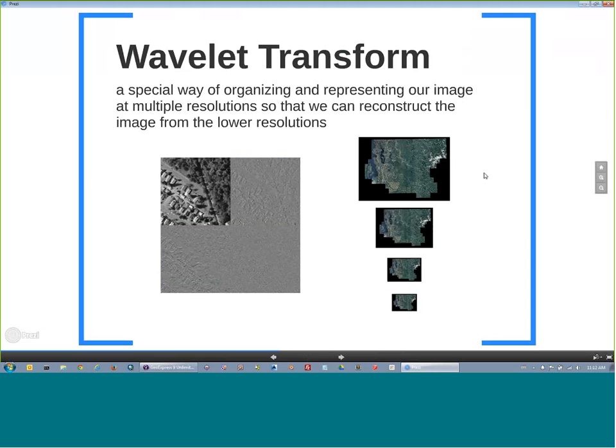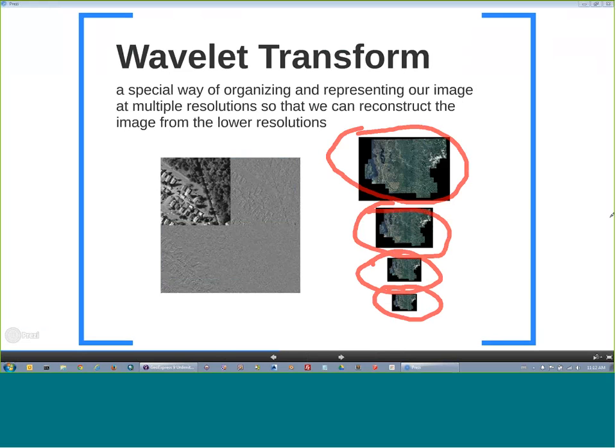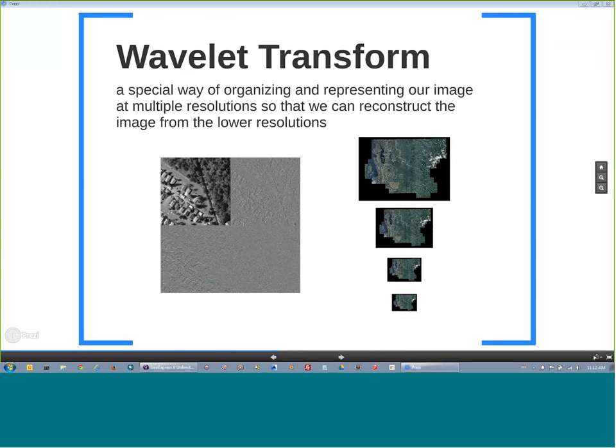So basically, we have this image representation here, and we can keep reducing this image by half until we get to this icon level down at the bottom. And that icon level down at the bottom is all we need, plus we've saved some differences as well to reconstruct this full resolution image. So that's what the wavelet transform gives us.